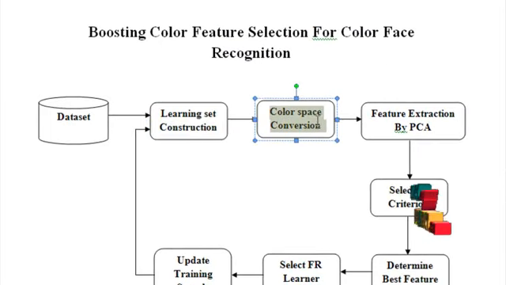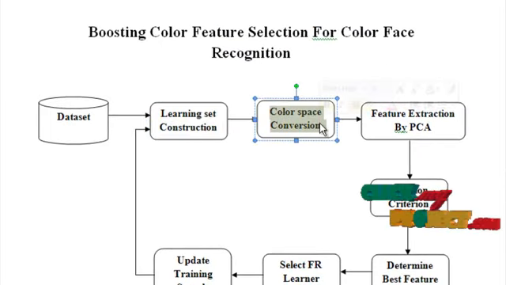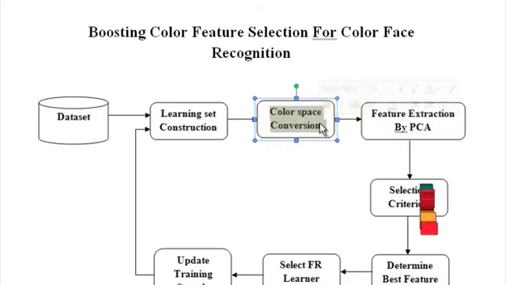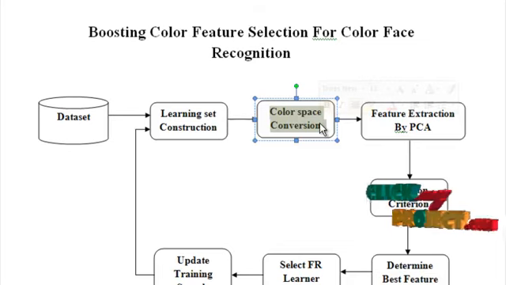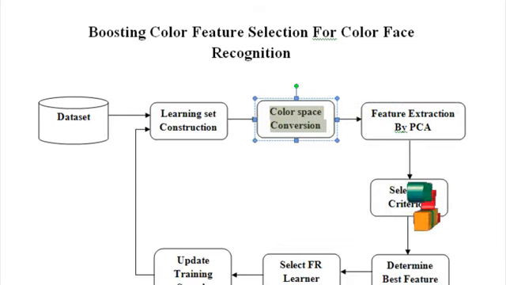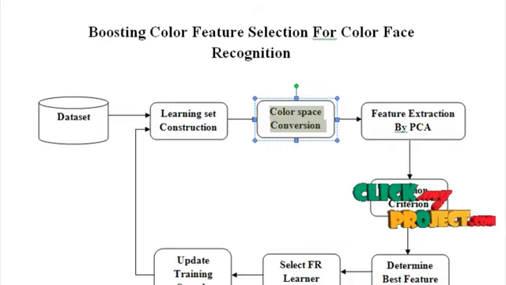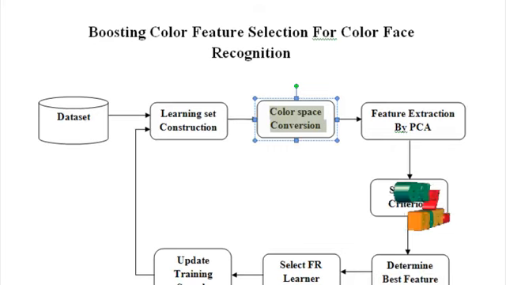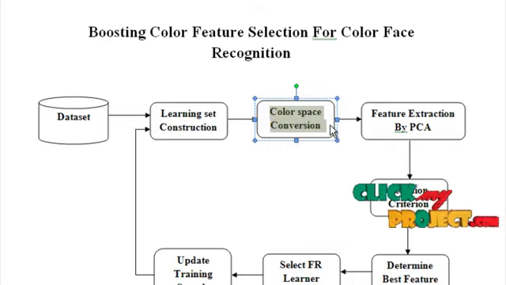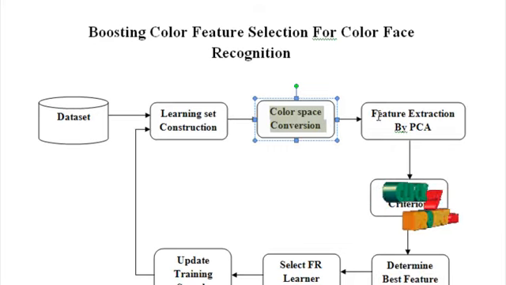Now we go to the color space conversion block. Totally, we use 7 color space representations for the given test image. They are RGB, YCbCr, YIQ, HSV, LAB, CID and YUV. Followed by this color space conversion, the features will be extracted by means of PCA.